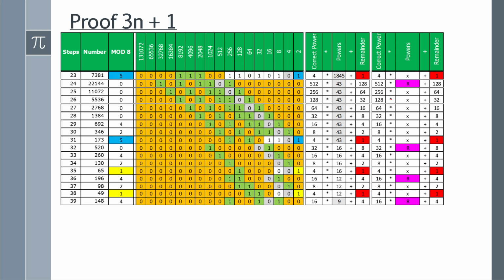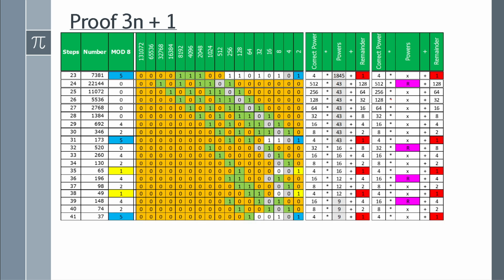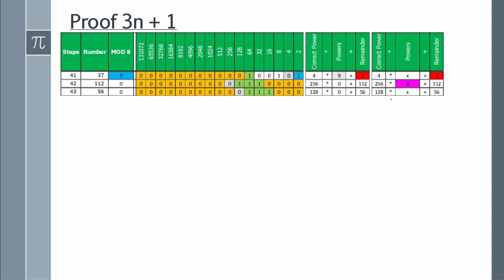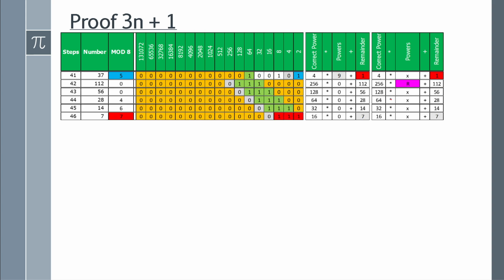So we're going to loop reset 4-2-1. And now we're at a 5 mod 8, so we're going to do a bigger loop. Right, and this time we got 3 1s in our remainder, so we're going to divide by 2 4 times, and then we're going to have a 7 mod 8 number, right?